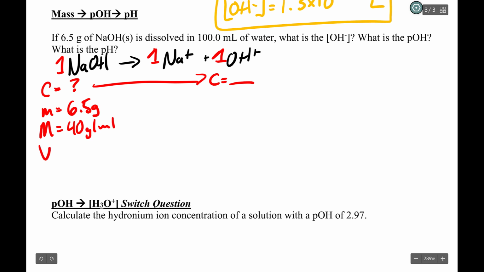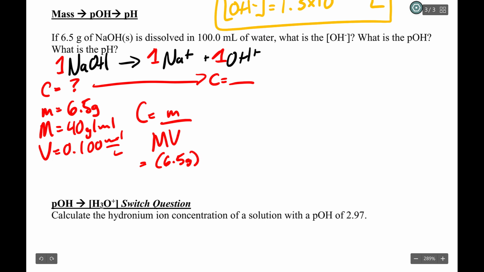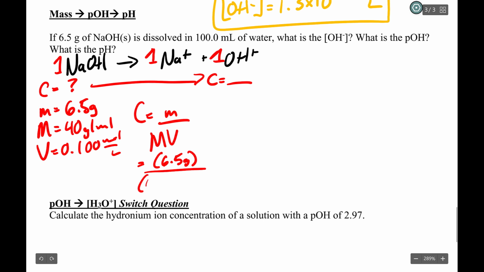And then we have a volume of 0.100 liters. All right, so if we put that into C is equal to m over MV, we would get 6.5 grams all over 40 grams per mole and 0.100 liters.